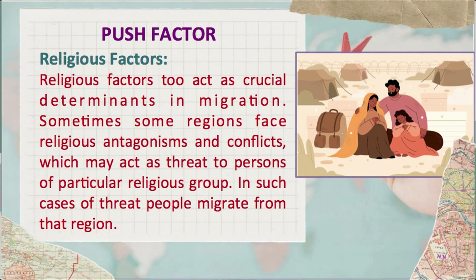Another push factor which leads to migration is the religious factor, which is also a crucial determinant in migration. Sometimes, in some regions, people face religious conflicts and antagonisms, which may act as a threat to the persons of a particular religious group. In such cases of threat, people migrate from that region.